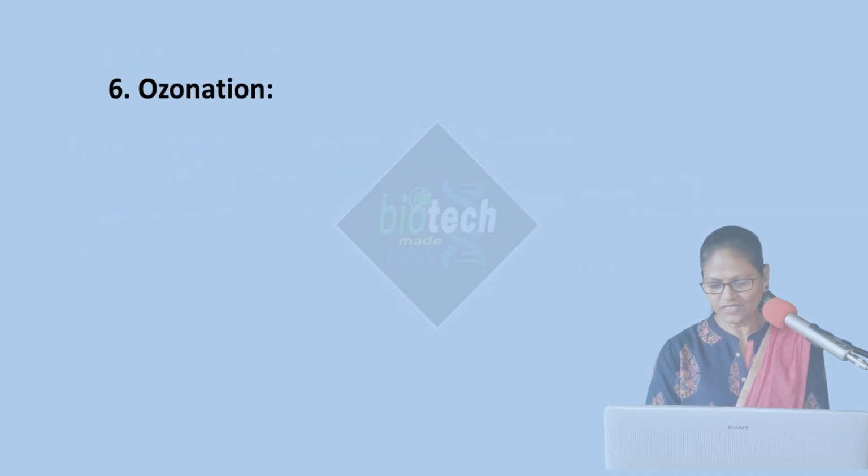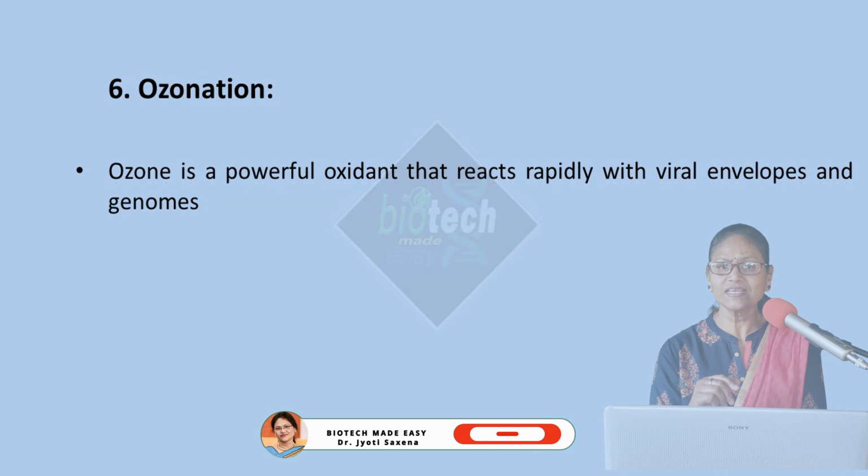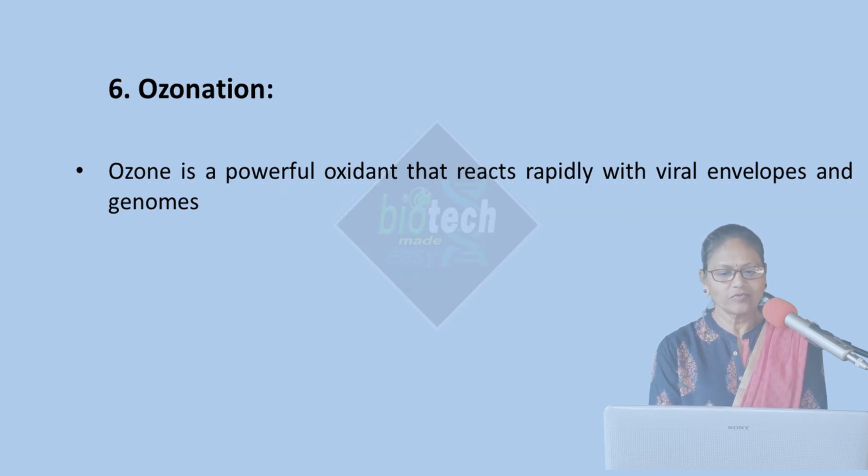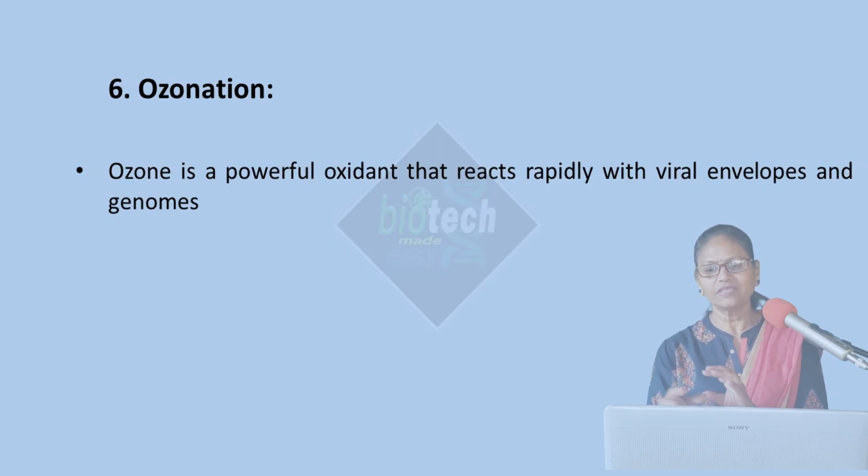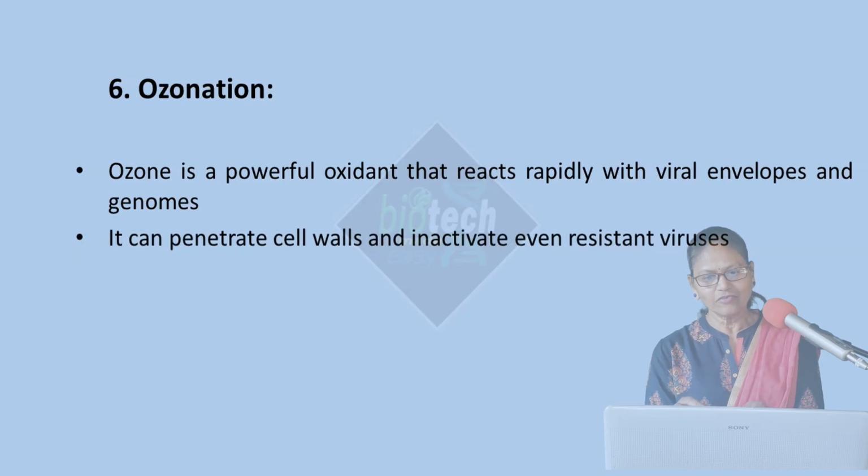Next one is ozonation. Of course, here ozone is used, and ozone is a very powerful oxidant, and it reacts very rapidly with the viral envelope. So it can kill all the enveloped viruses, and genomes also. It can penetrate the cell wall and inactivate even the resistant viruses.